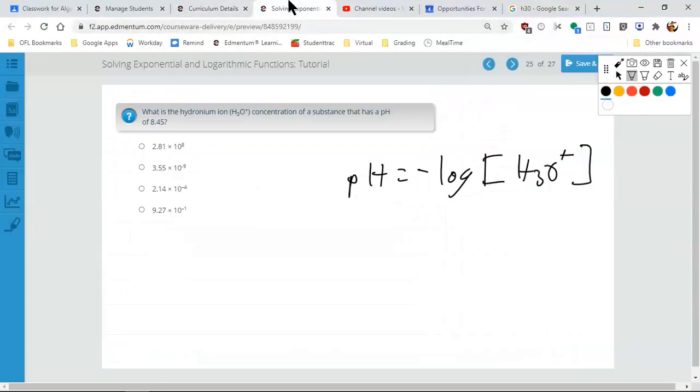All right, so we're going to do hydronium. So when I calculate this out, I'm going to put the pH is 8.45, negative log of this.